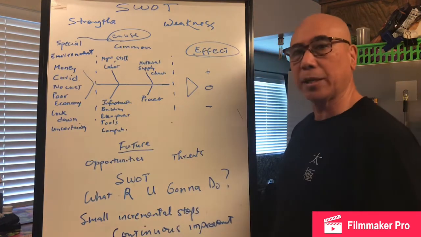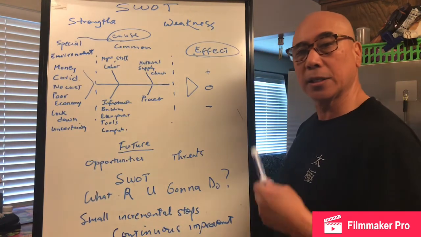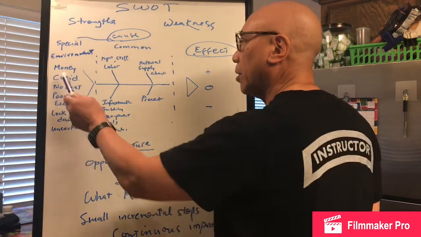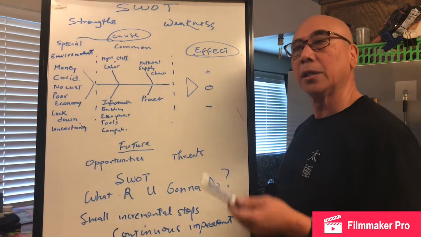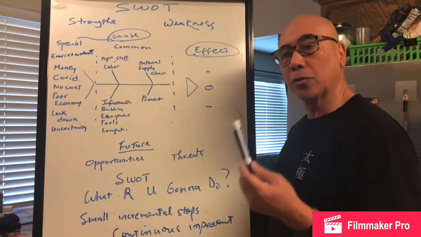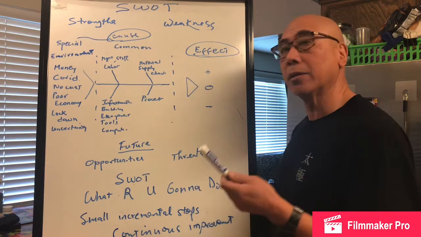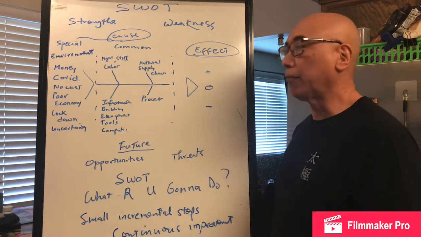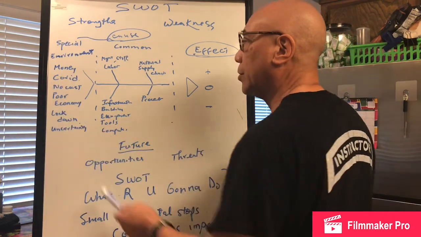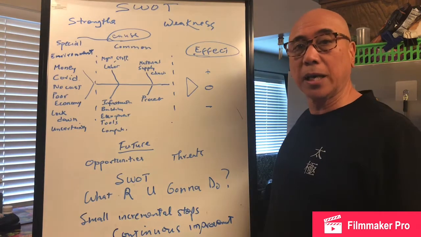Right now, is it money? Do we have enough money to sustain the business? The COVID situation is a very driving force that actually caused the problem in the first place. As a result, we have little or no customers.